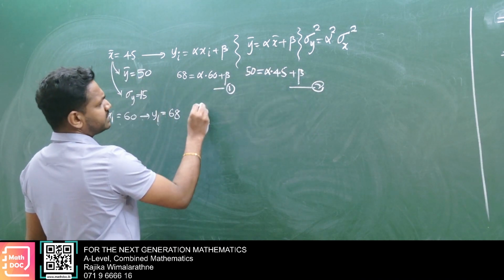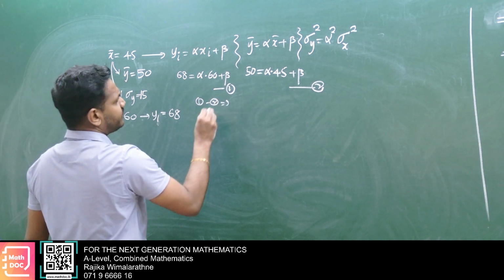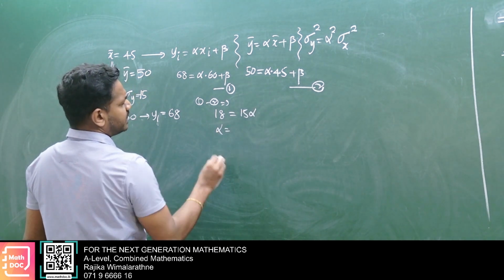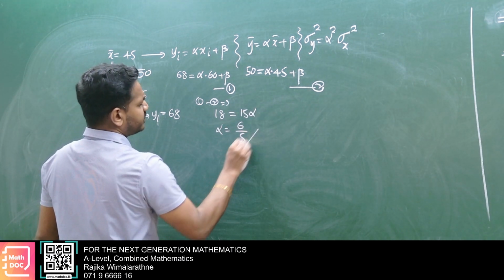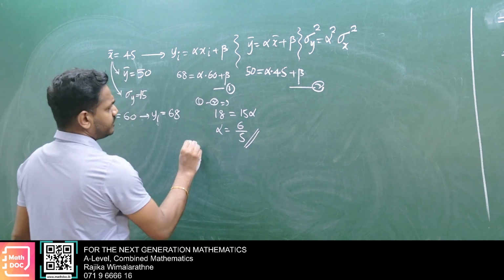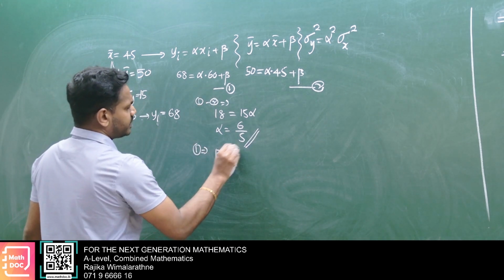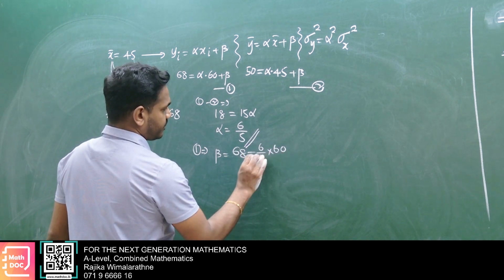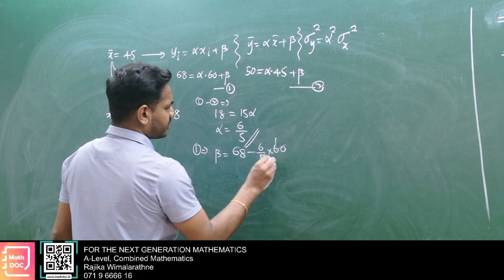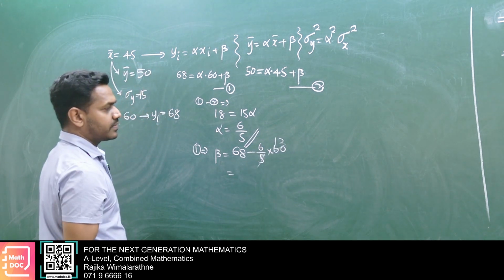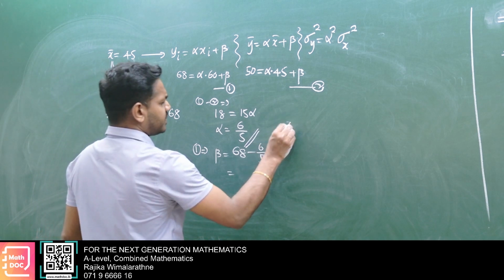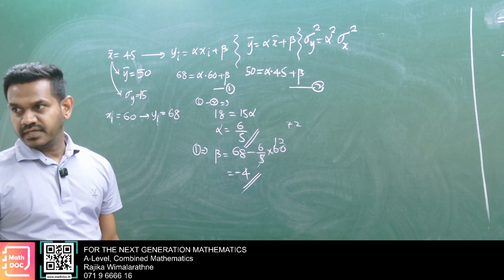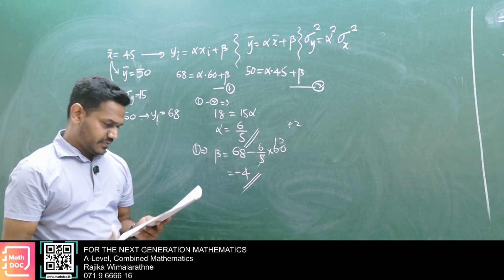Then solve the simultaneous equations. 1 minus 2 gives 18 equals 15 alpha, divisible by 3, so alpha equals 6 over 5. Then put it here: beta equals 68 minus 6 over 5 times 60, which is minus 4. Alpha is 6 over 5, beta is minus 4.